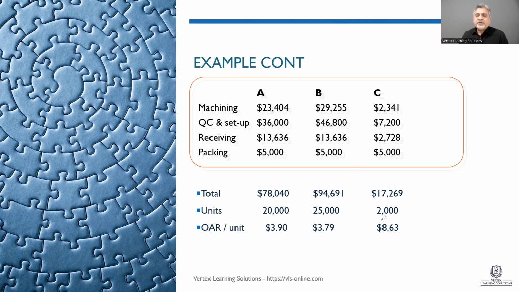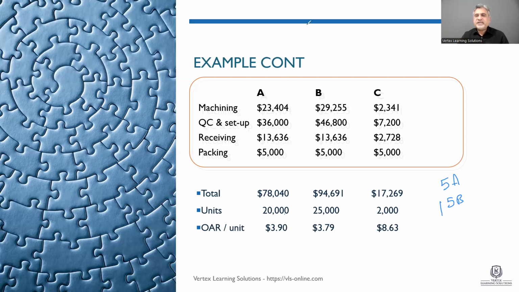That's huge. Product C is taking a very big overhead. You know why? Because it is taking a big delivery cost. Delivery cost is huge. Remember, you made here 20,000 units. Here you made 25,000 units, and here there are only 2,000 units. But the delivery cost, packing cost is the same. Why is it the same? What it looks like to me is that probably when a customer orders A, they say, please send me 5 units of A, 5 units of B, or maybe 15 units of B. So you are getting large orders.